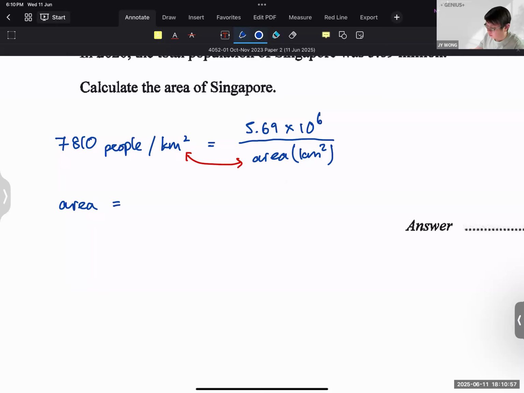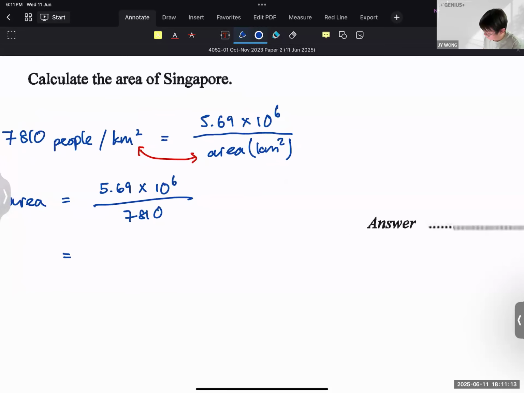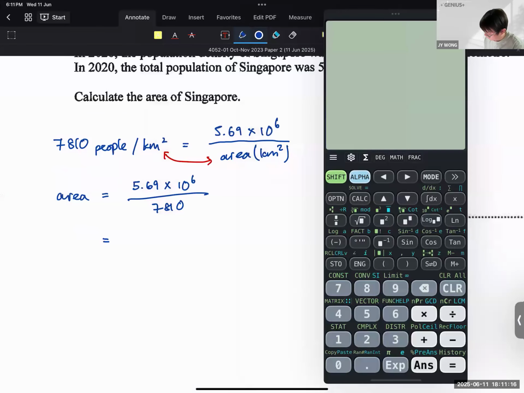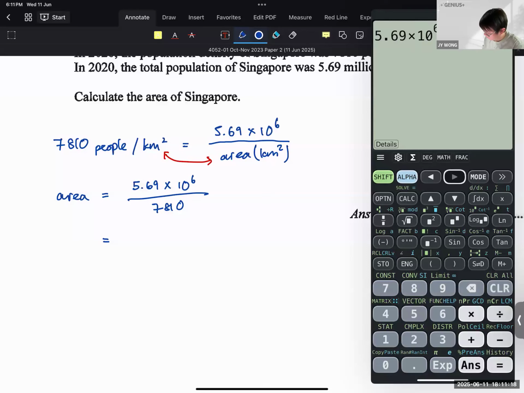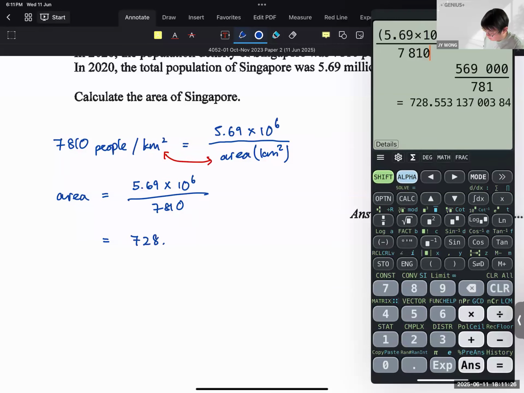But you should know that you can just swap the position of these two numbers in the fraction, and therefore it is just 5.69 times 10 to the power of 6 divided by 7810, and you will have 728.5, so you round to 729 in 3SF.